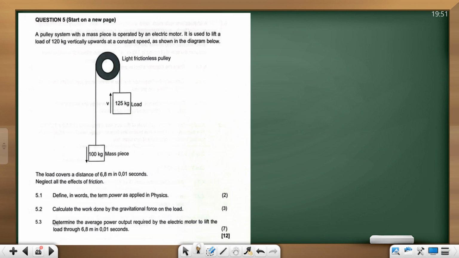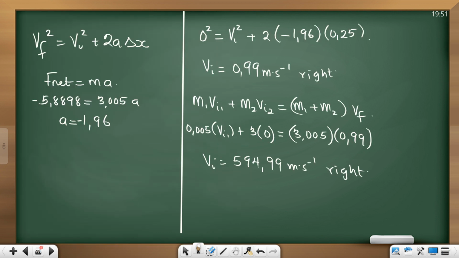So let me see what I have next here. There's a 12 marks question there, and I think I have one other question that I added. But we did a pretty good job today.